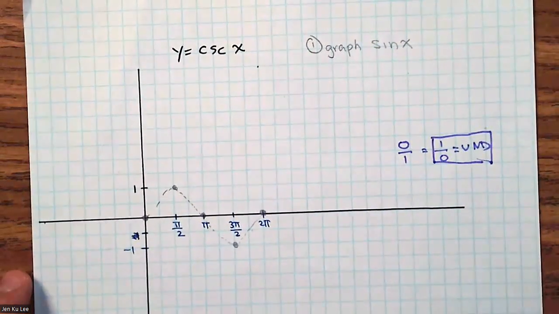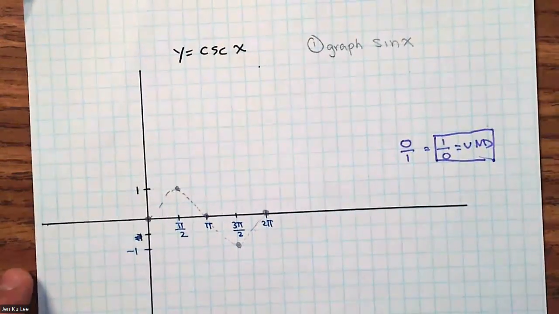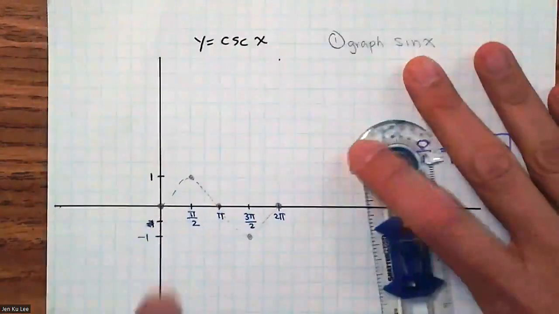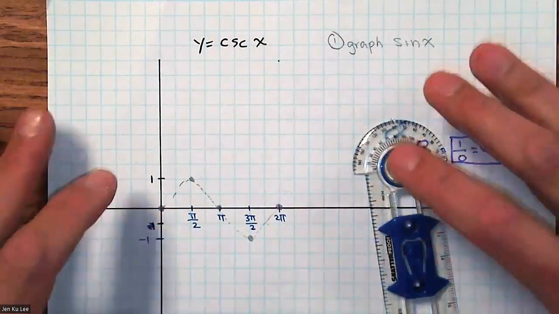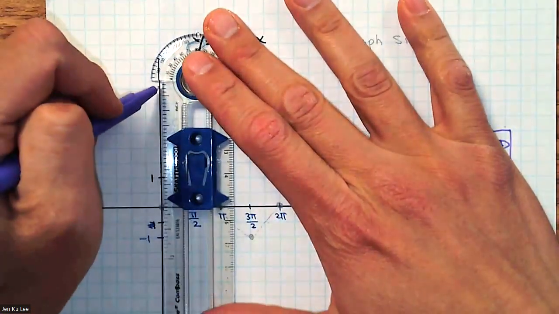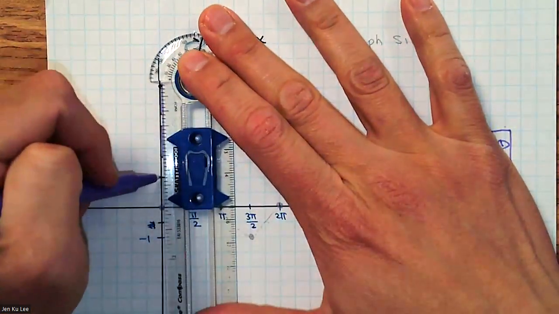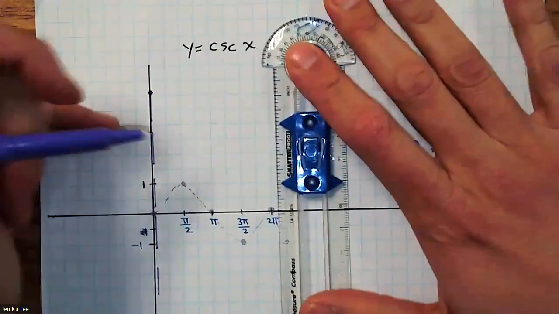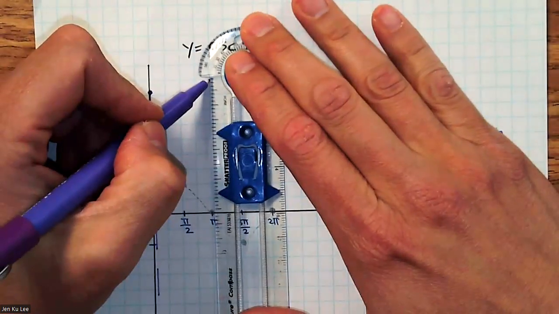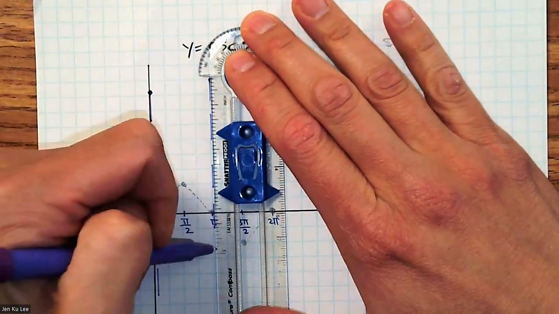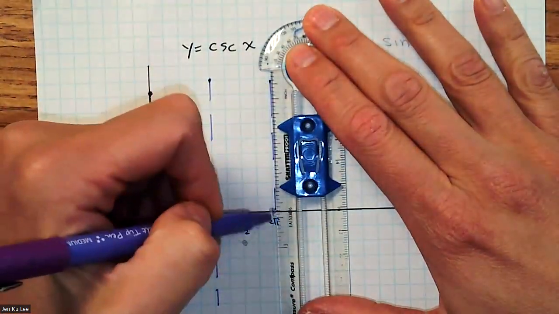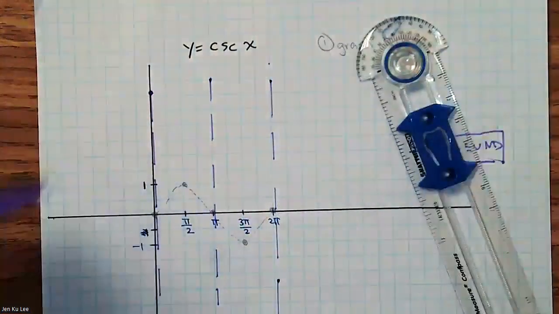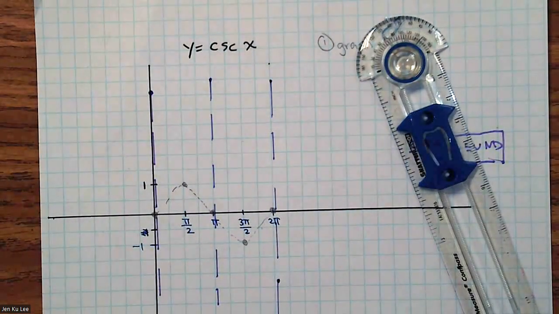And remember, whenever there is something undefined, we put a vertical asymptote on it. Okay? So all these zeros are my vertical asymptotes. So I'm going to go ahead and put a dashed vertical line on 0, on pi, and on 2 pi. Okay? Make sense? Yeah. The reciprocal of 0 is undefined.